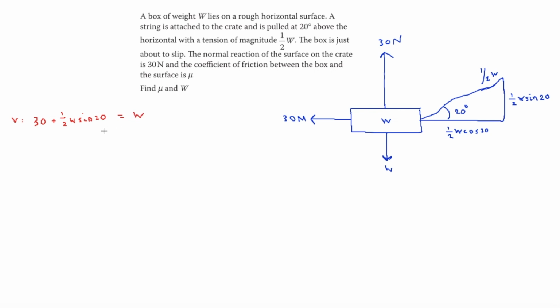Now from this we can work out what W is, because we're going to get 30 is equal to W minus a half W sine 20.